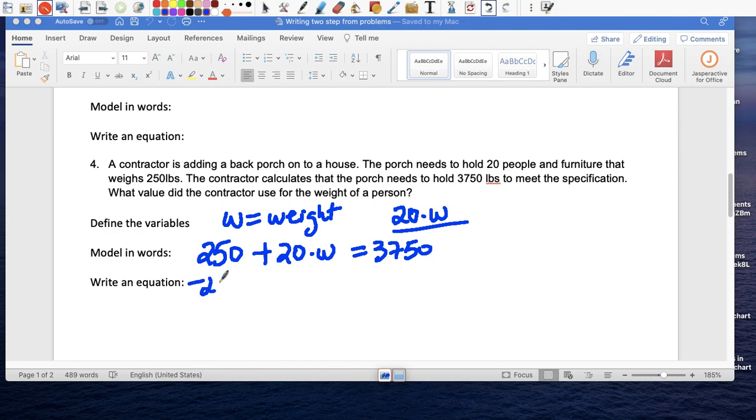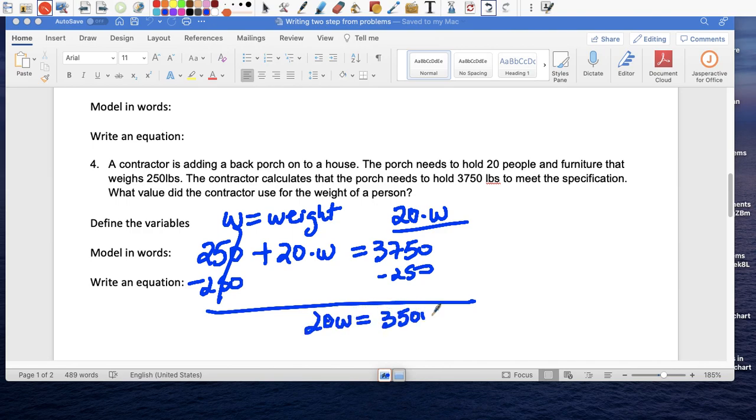Well, 250 goes away. 20W equals 3,500. Divide by 20, divide by 20, and the average weight that he probably used was 175 pounds.